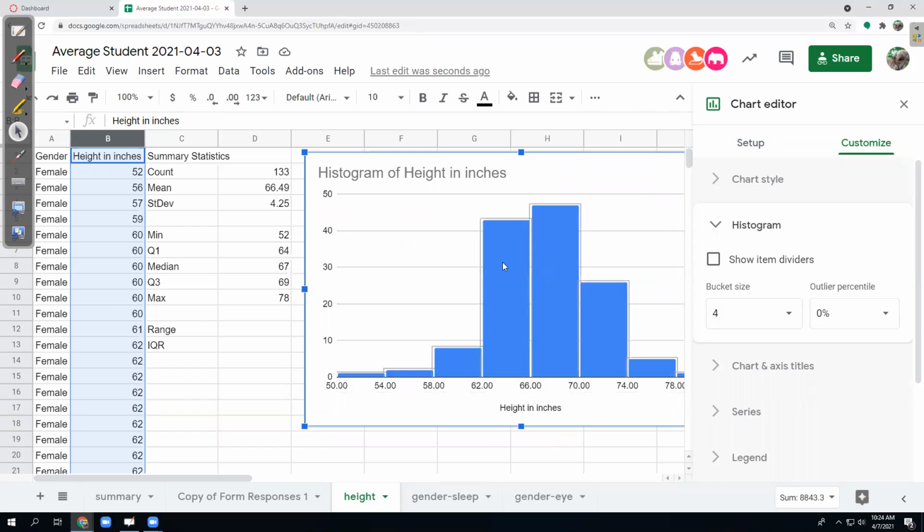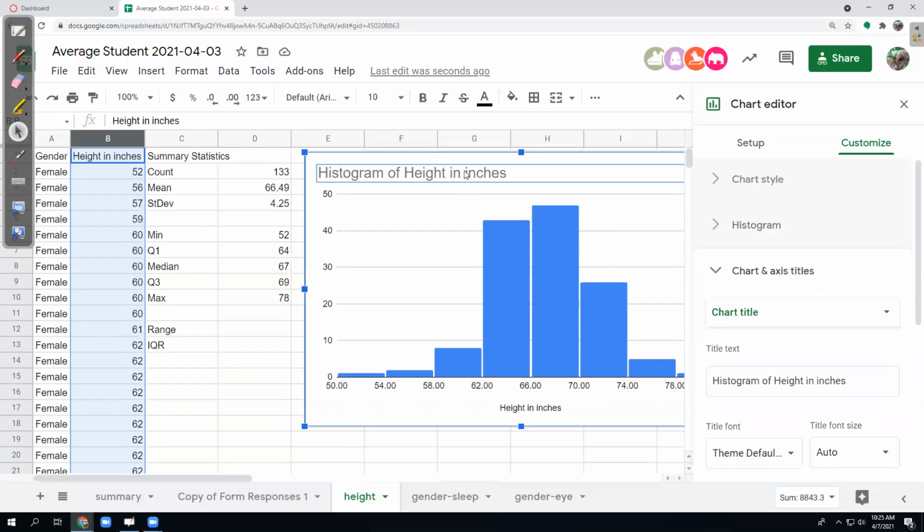So 62 is in this second tallest column. 66, if somebody has that height, would be in this tallest column here. 70, if anyone has a height of 70, they end up in this third tallest column over there. So just something to keep in mind in how those counts work.